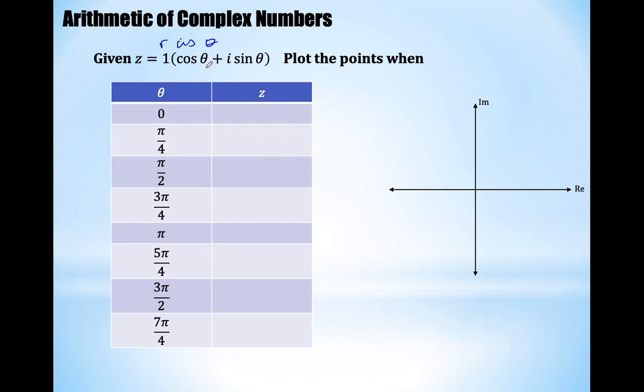So if you plug in 0 here, cosine of 0 is 1, but sine of 0 is 0, so the i drops out, and you just get 1, and let's plot that. Right? Z is 1, and theta is 0. How about pi over 4? Pi over 4 is root 2 over 2 plus i root 2 over 2, all times 1.